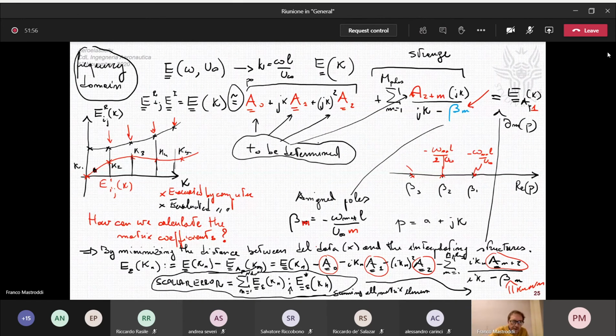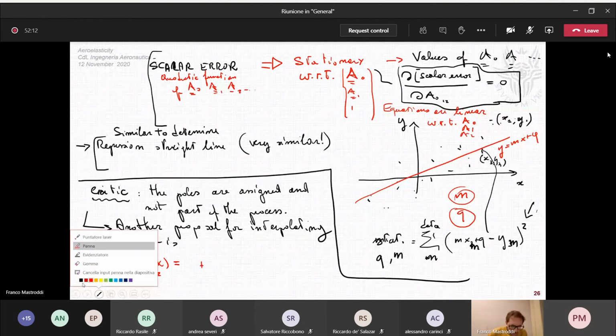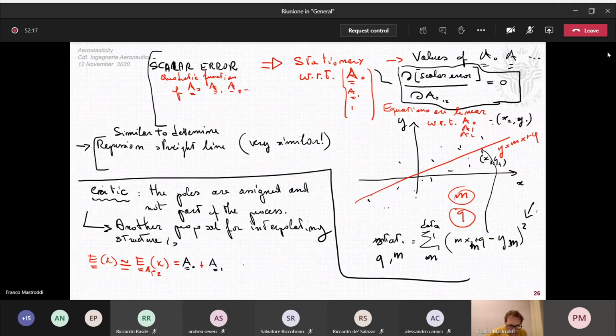And in this approximation 2, we have the same initial part, because we are convinced that this initial part has a physical meaning, and therefore this part, like the matrices A0, A1, A2, has to be kept also in this new approximation.